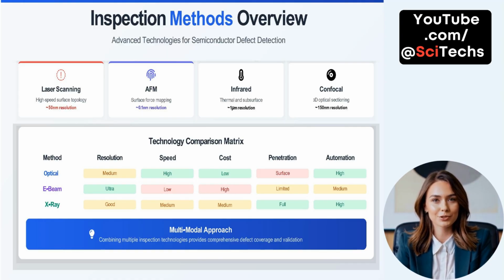X-ray offers good resolution, medium speed and cost, full penetration, and high automation. A multimodal approach, combining these technologies, ensures broad coverage, greater accuracy, and cross-validation. This strategy enhances defect detection at various depths and process stages, enabling more robust process control and yield improvement.